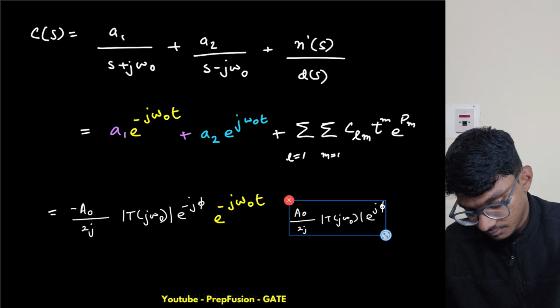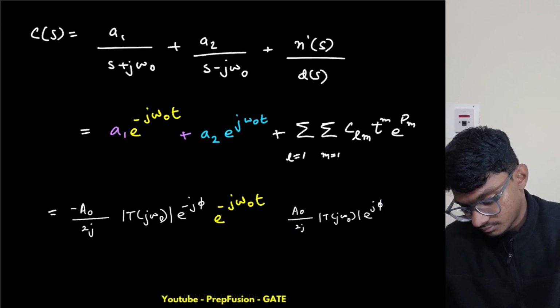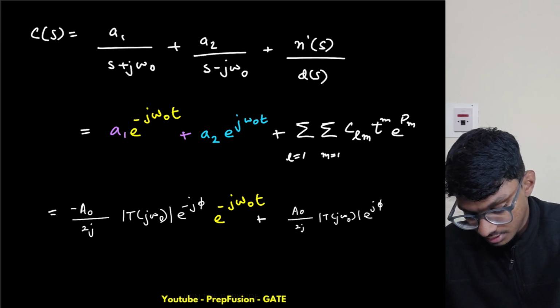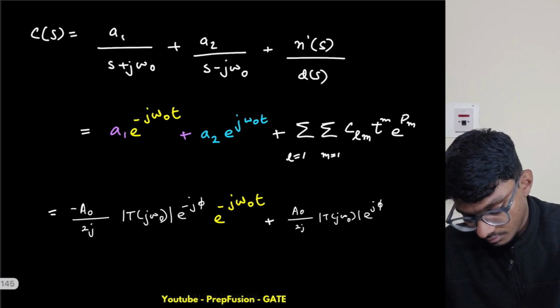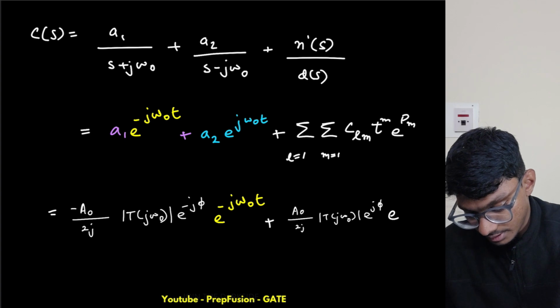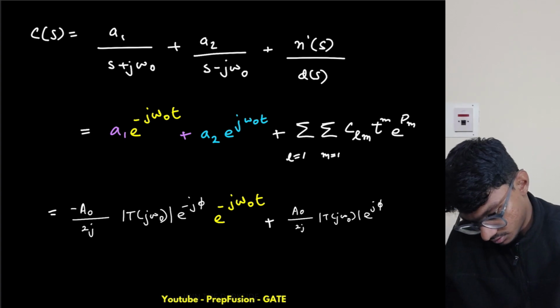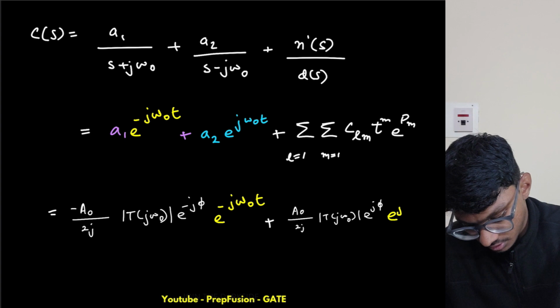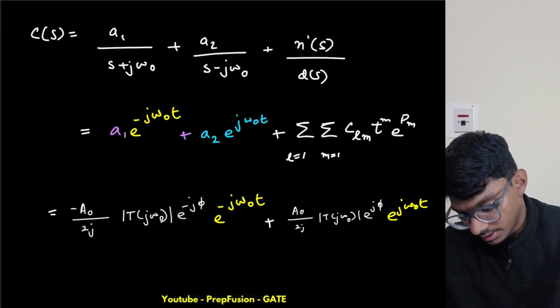A2 is this one, and this is simply plus, and still I have e raised to power plus j omega naught t, and this is still obviously present.